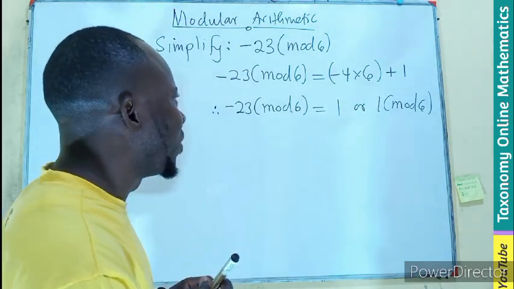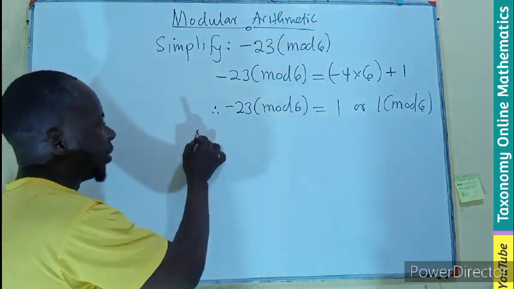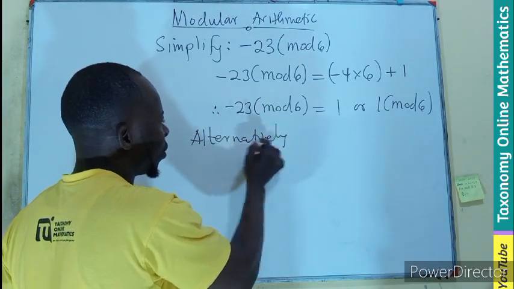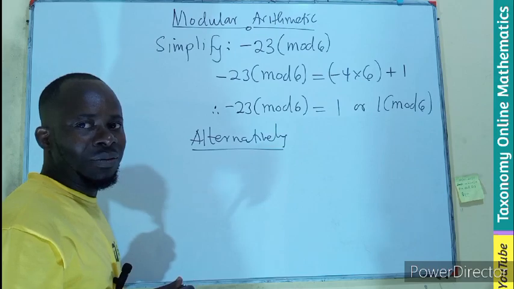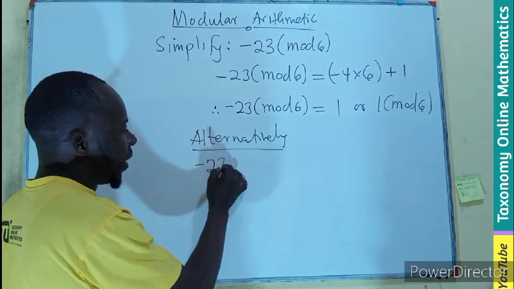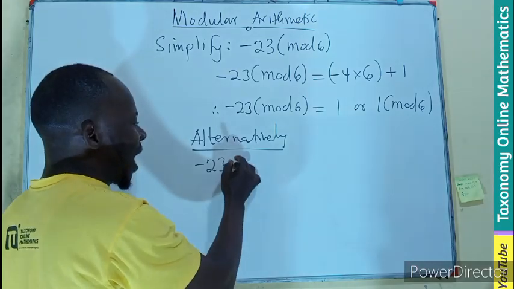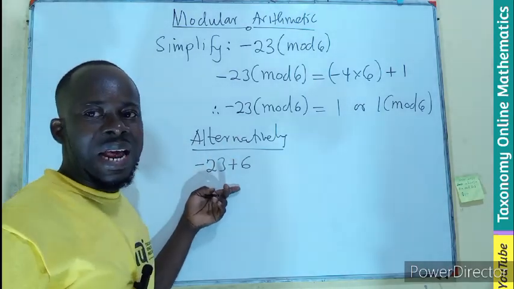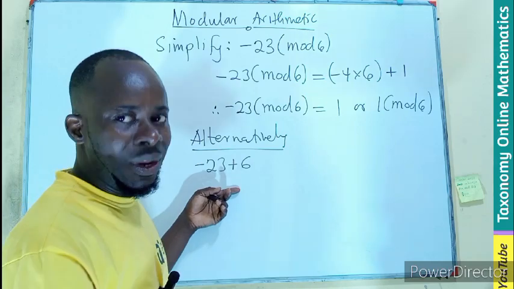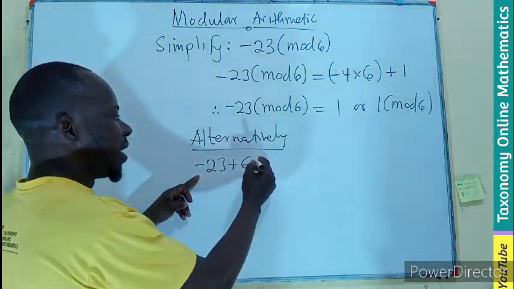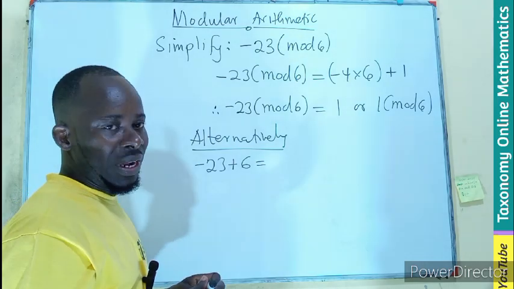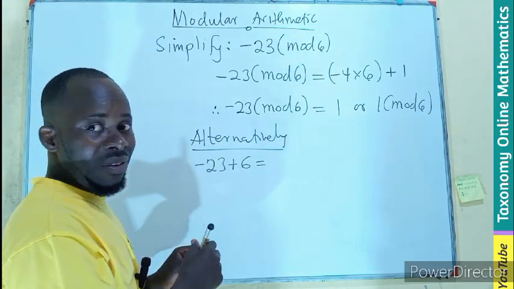Now, we can also take it this way as an alternative method. Since I am dealing with negative, I'll have my minus 23. This is the modulus. I'll be adding the modulus to the number until I arrive at a positive value. So if I add 6 to negative 23, you should be having negative 17.